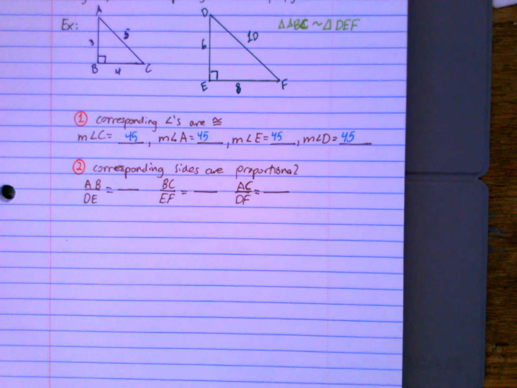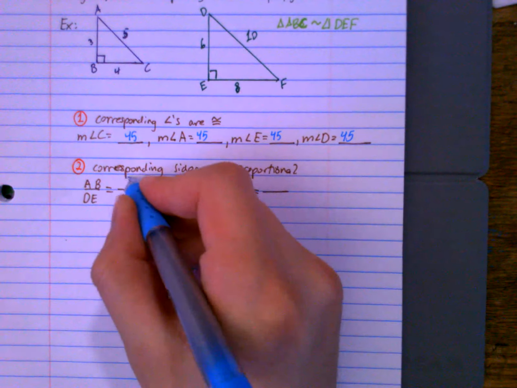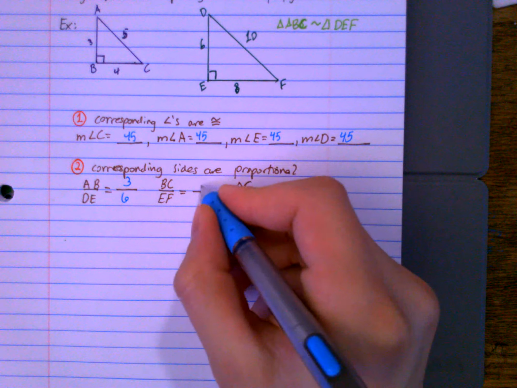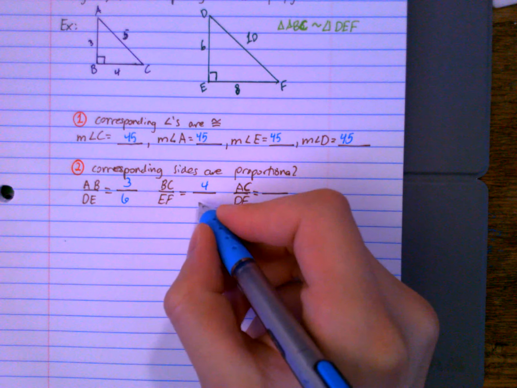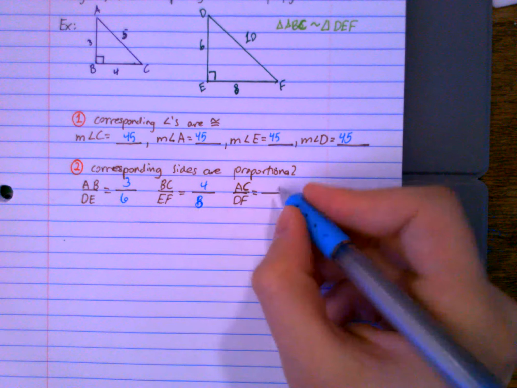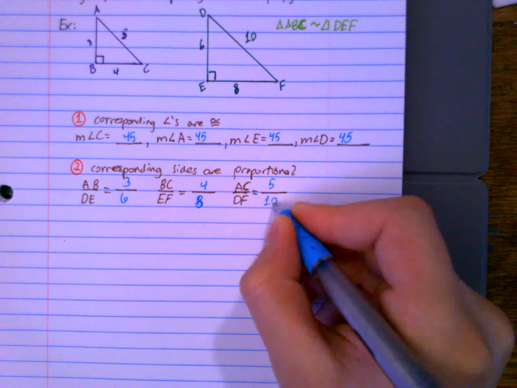So let's put up some ratios here. Side AB was 3, DE was 6, BC was 4, EF was 8, AC was 5, and DF was 10.